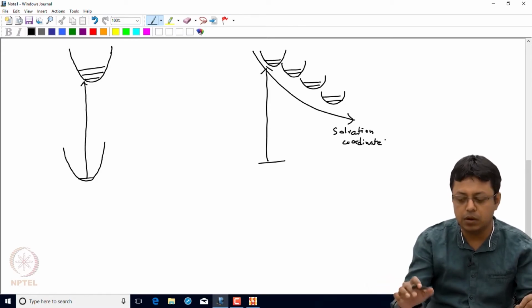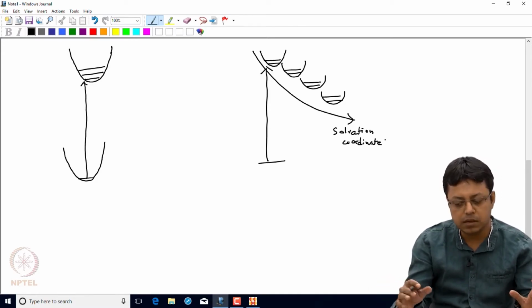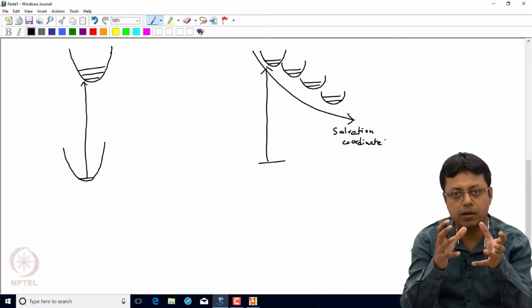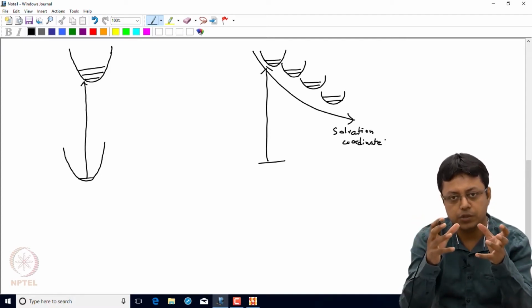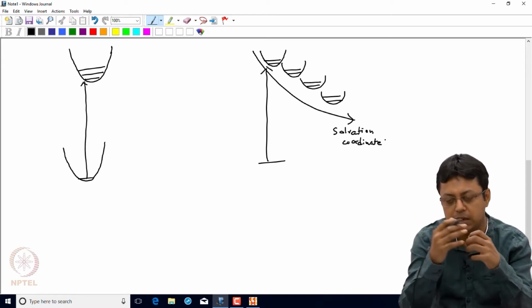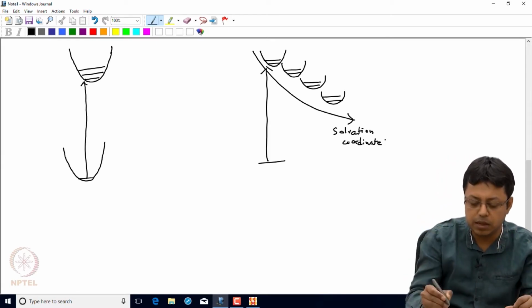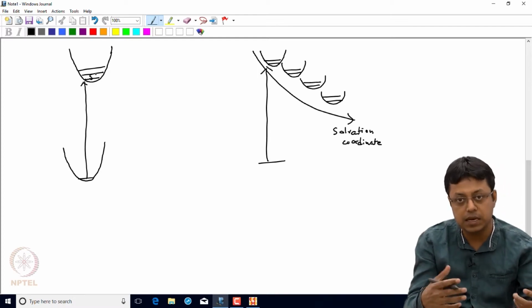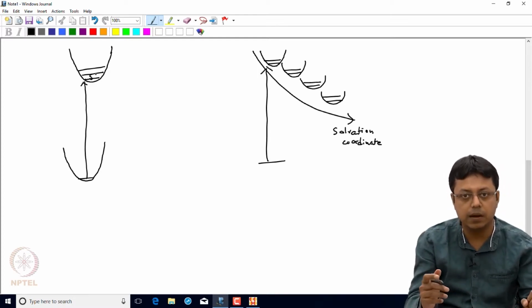Now usually we do not show both these pictures, like small wells, harmonic potential wells, where we are showing the intramolecular relaxation and the solvation. Usually it is assumed that whenever you excite the molecule, the vibrational relaxation which happens within the molecule, which is the intramolecular process, is very fast.